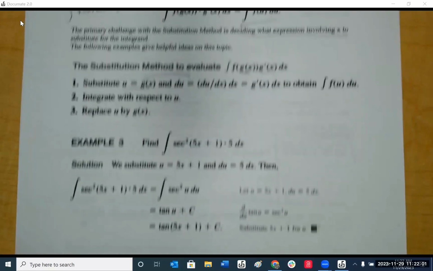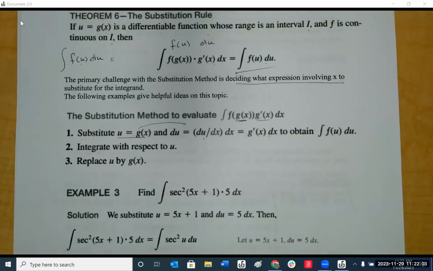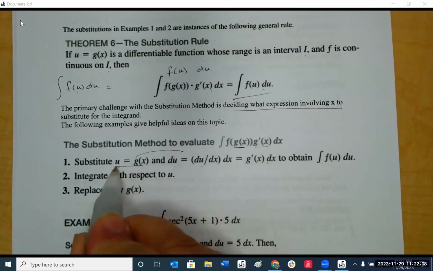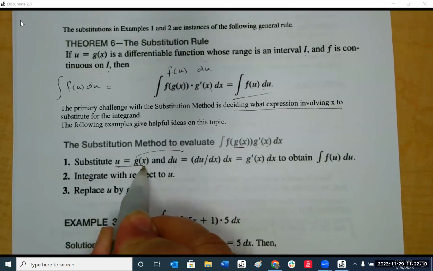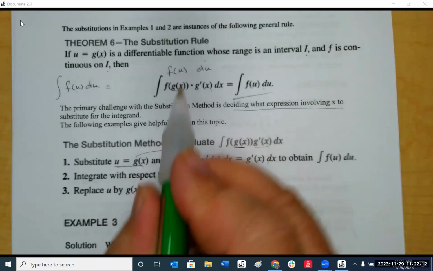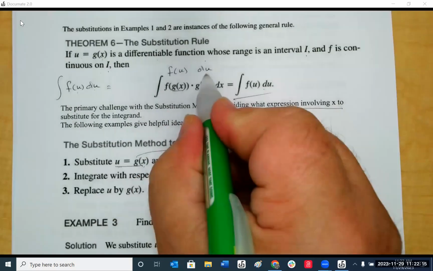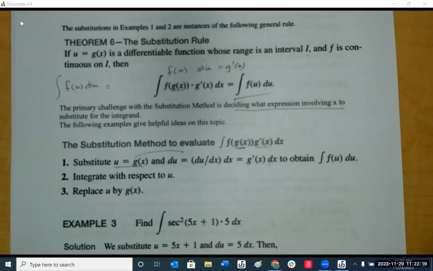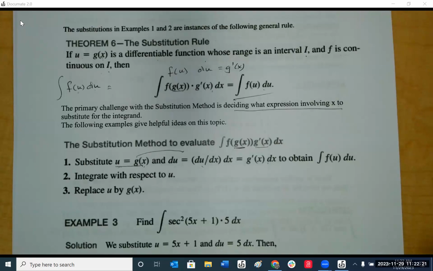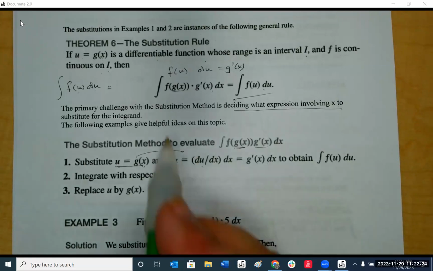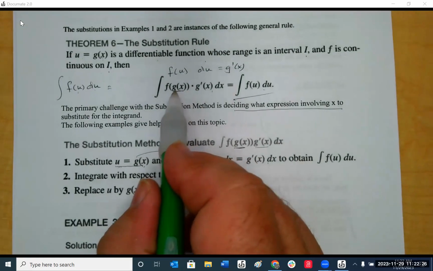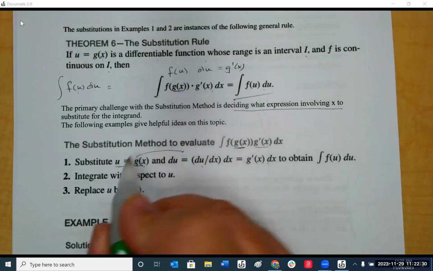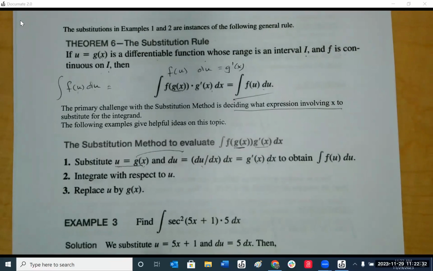Wait, so you're trying to find the derivative of u with respect to dx? Yeah, because u is the same thing as g of x, that internal function. So when you take du, it is also g prime. And the derivative is the derivative because the function's still a function of x. So you're using the chain rule.